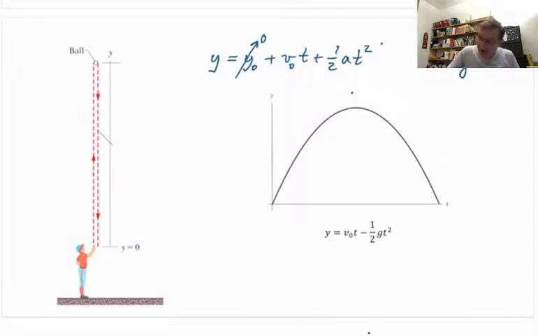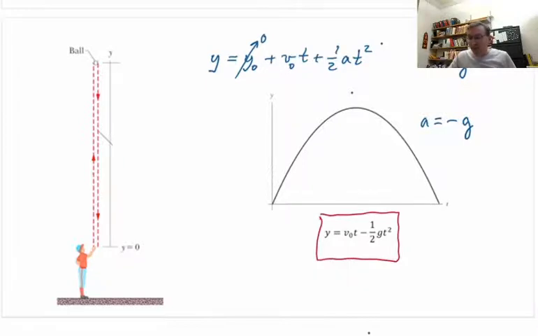Sorry, that's behind the video, isn't it? So I'll write it again down here. And if you do that, you get this expression down here. y equals v initial t minus 1/2 g t squared. That's what is used to make this graph. And notice it's quadratic in t.